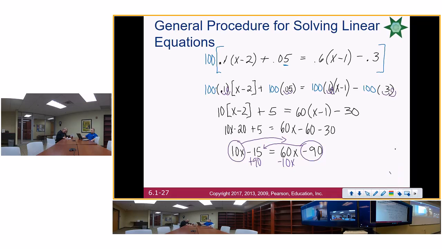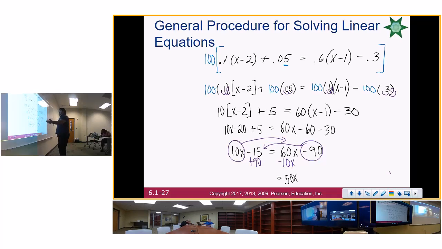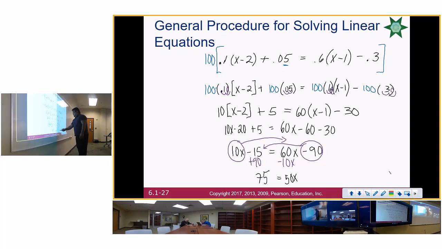So what's 60 minus 10? 50x. And what's negative 15 plus 90? What is it, 75? And that's going to give me x is equal to 75 over 50, which is 3 over 2.